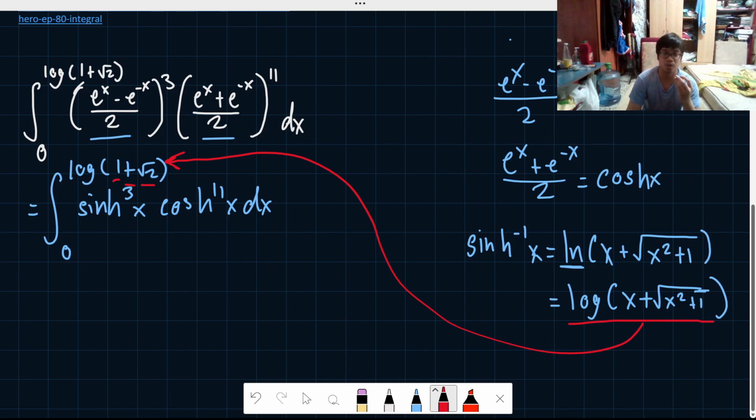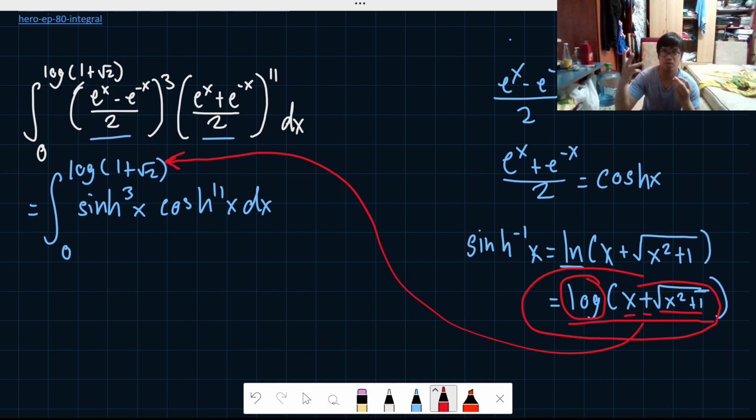Here we have a variable, then plus, then a square root. And of course, both use the common logarithmic function. So my point is, is there a way where we can make log of x plus square root of x squared plus 1 into this? Well, yes, there is a way.